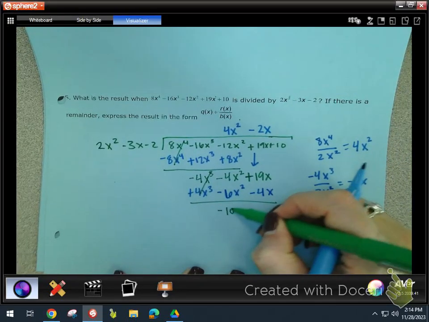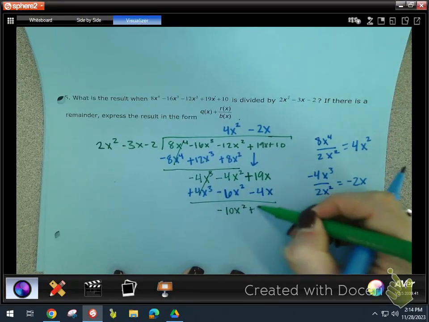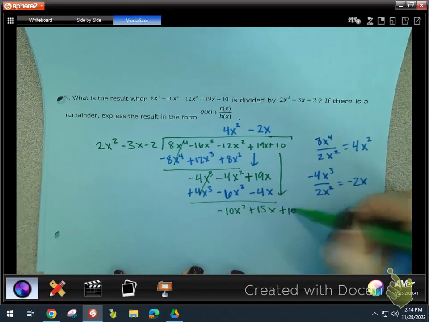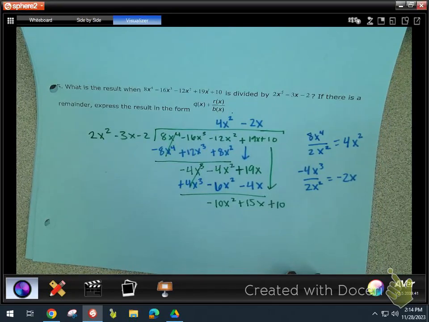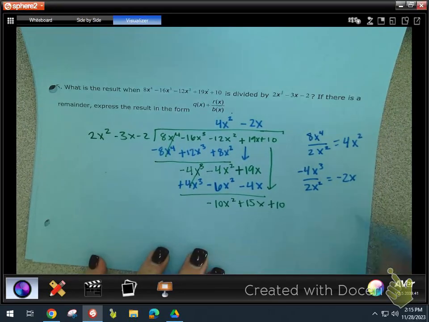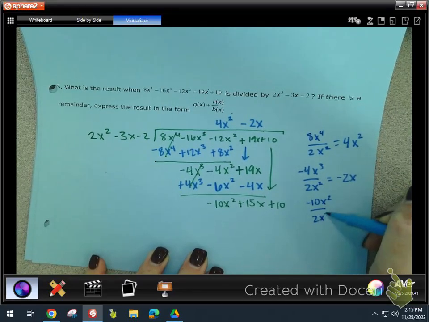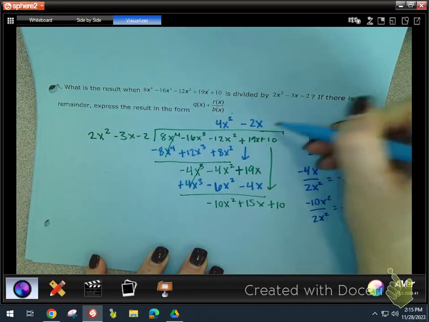Goes negative 10x squared plus 15x. Drop it down. Squared divided by 2x squared is 5.